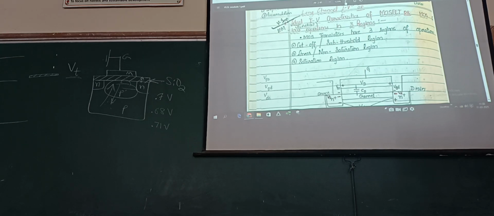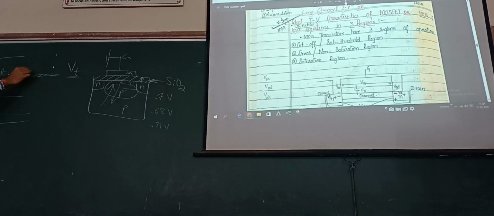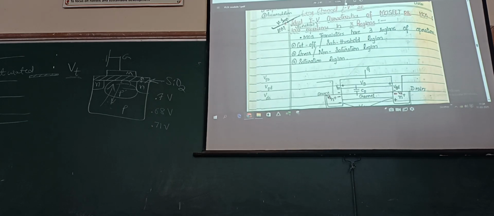This graph we have seen. Here the current is getting saturated. What is this? Pinch off voltage.